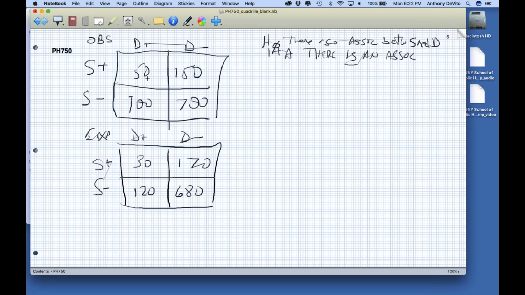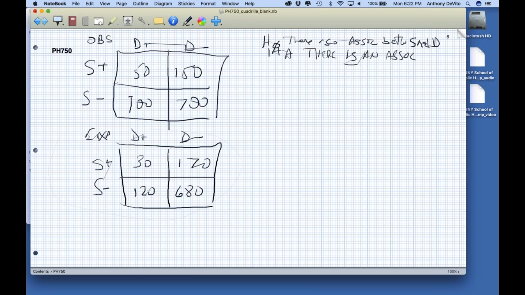Well, the problem is that these are my expected values. This is what I would expect if I could depend on every sample to give me exactly the proportion in the true population. Now, if I were to sample 1,000 people again, even if there was no association, I might not get exactly 30 and 120.